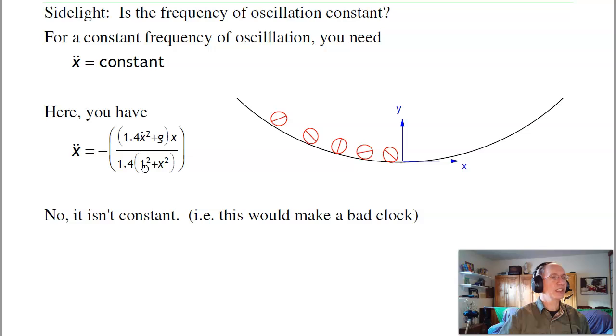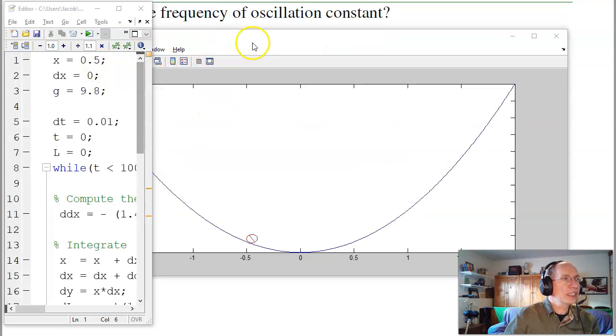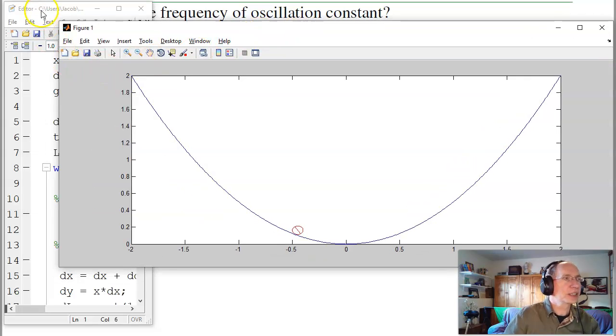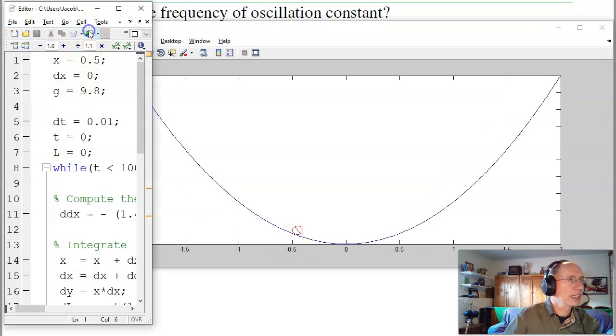The frequency varies depending upon the amplitude. And you can see that if I make the initial condition 0.5 and run it. 2, 3, 4, 5, 6, 7, 8. It takes about 8 seconds to go.